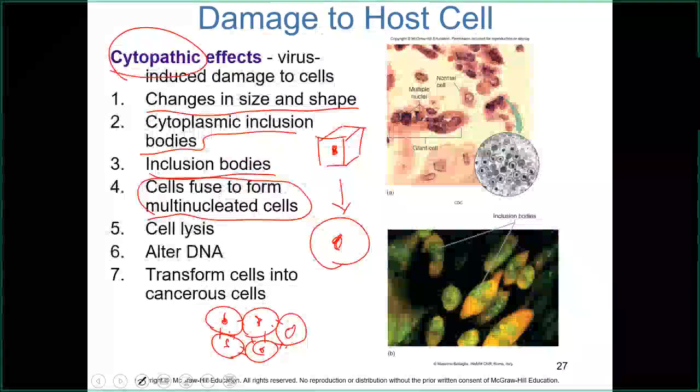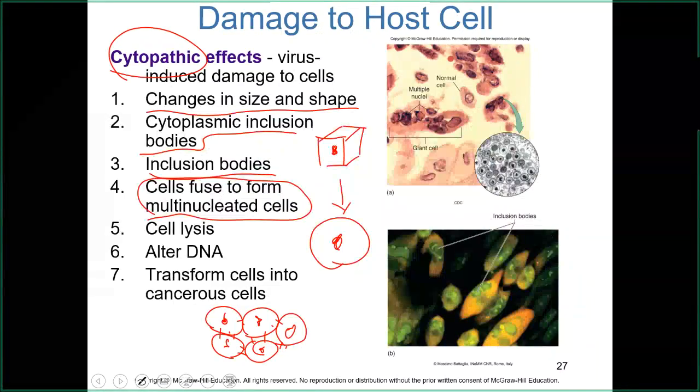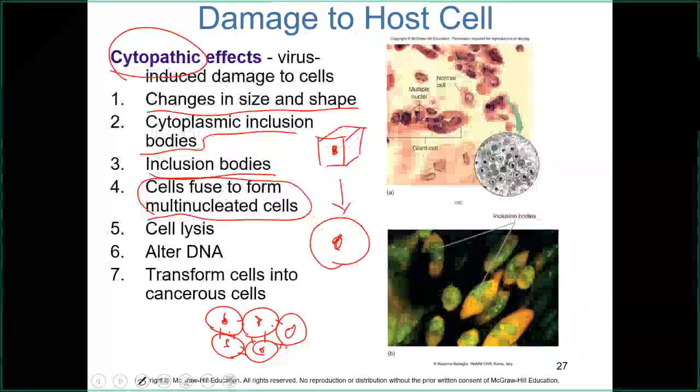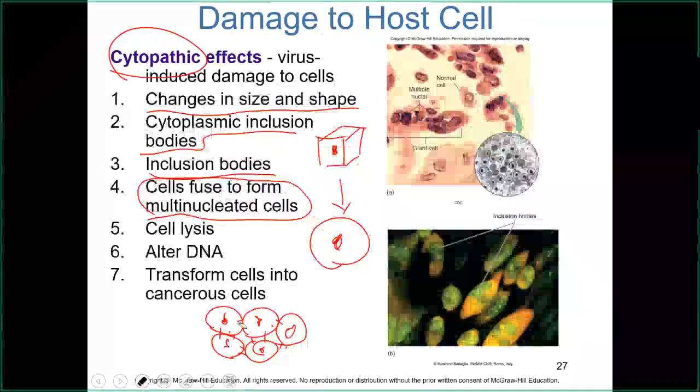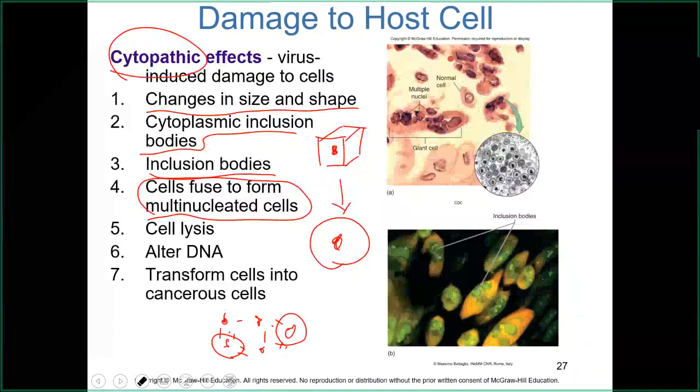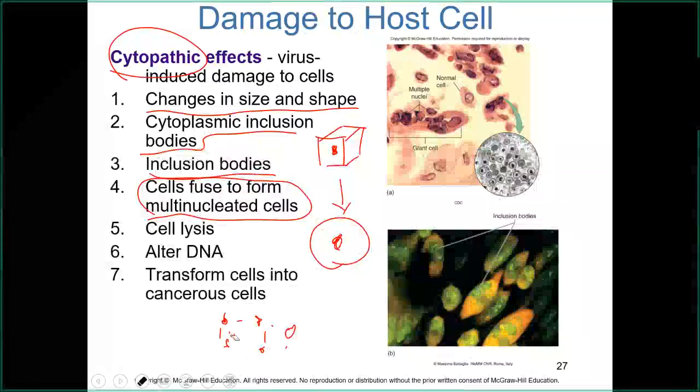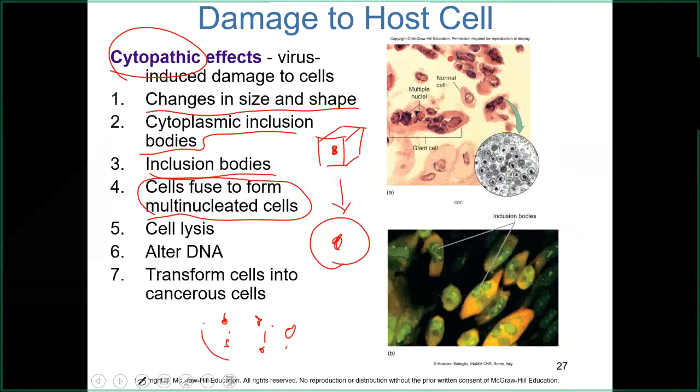Again, these are composed of protein. And what do viruses do? Well, they use up protein. So if the virus starts eating up these proteins, the boundaries between the cells are lost, and they'll eventually all sort of meld together.